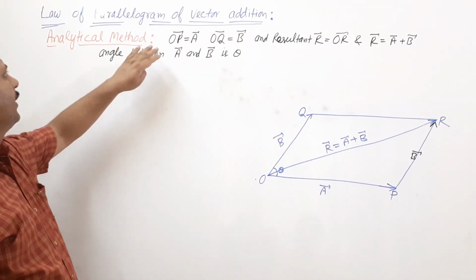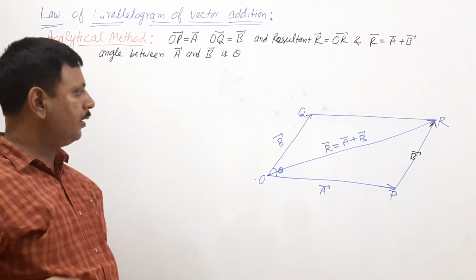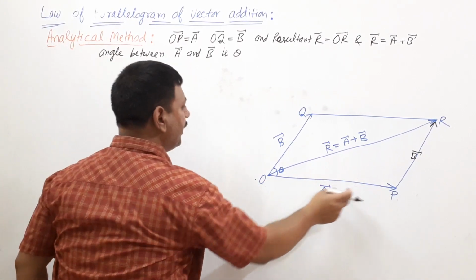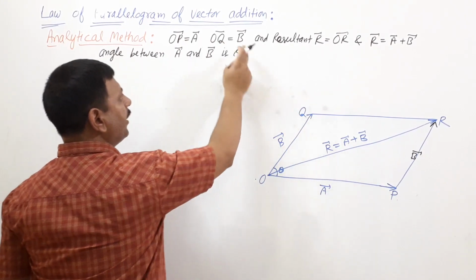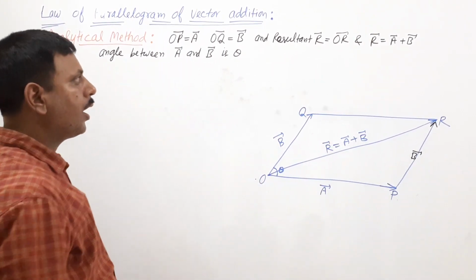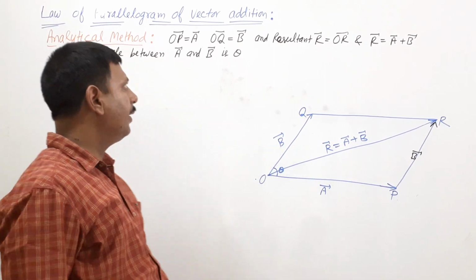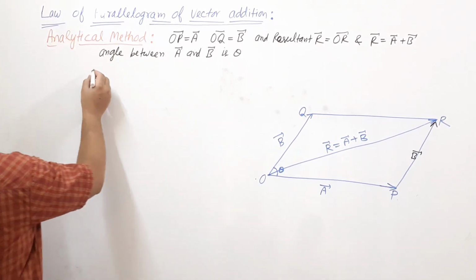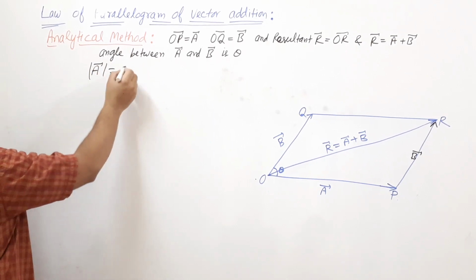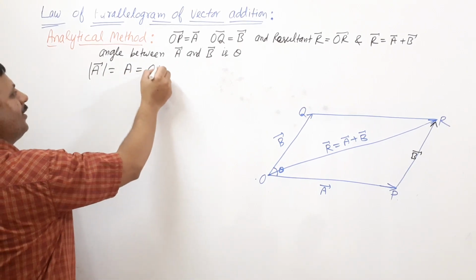See here, by the analytical method we are going to find the resultant. OP is vector A, OQ is vector B, and the resultant R is represented by vector OR. R is equal to A plus B, and the angle between A and B is theta. The magnitude of A I am representing by A, that is the length OP.